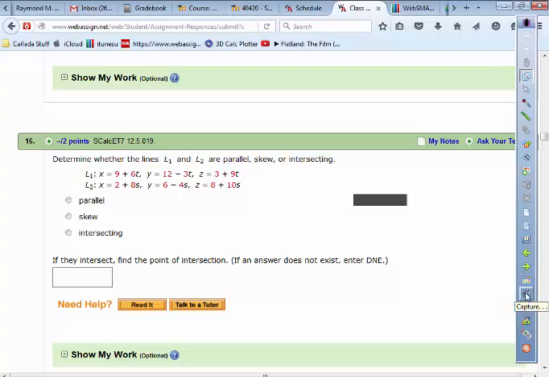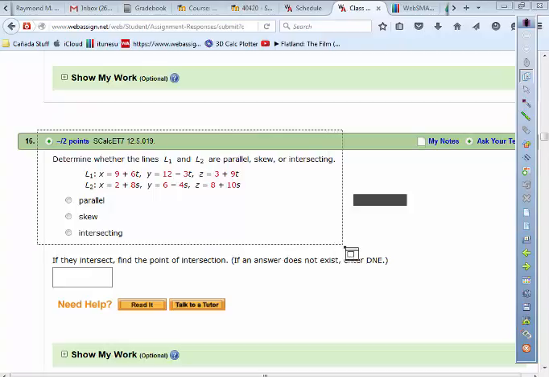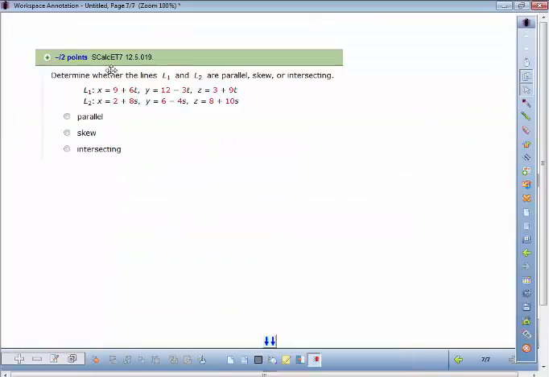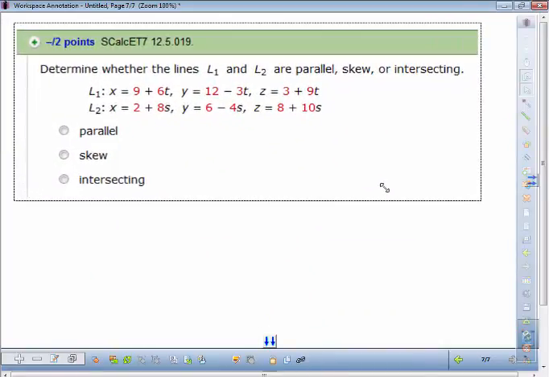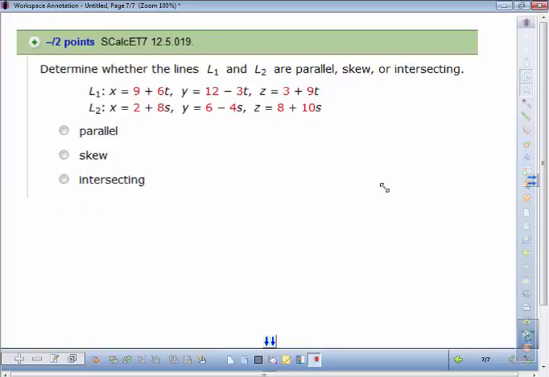And in general, that's the order that you want to look at. First you check if they're parallel, and then after that, if they're not parallel, then you check if they intersect. First you check they're parallel, and then check to see if they intersect, and then check to see if they're skew. All right.